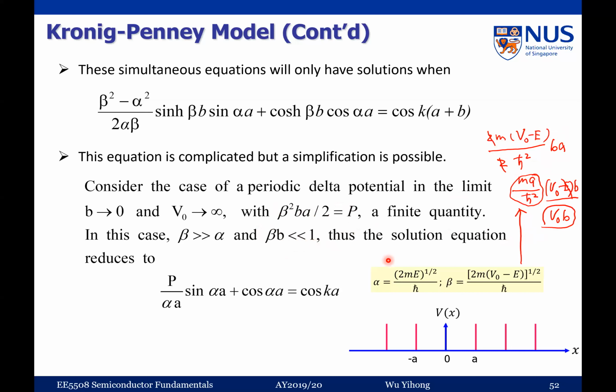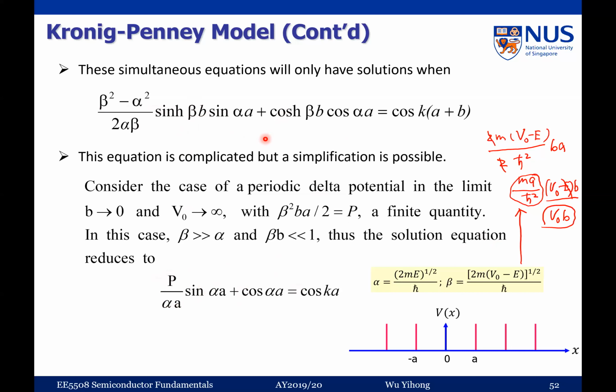If this is the case, then this left-hand side can be simplified to this, right? Why is this the case? That's because sinh beta b is simply given as beta b when this is small.